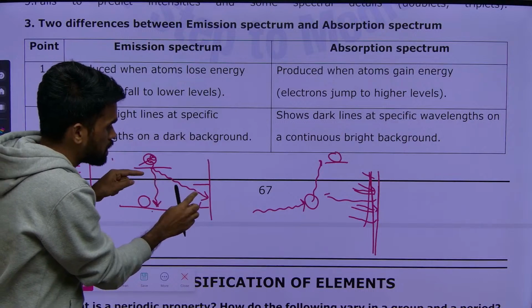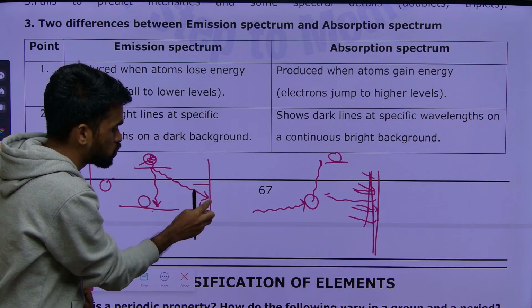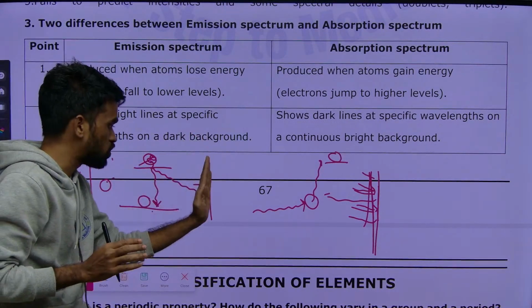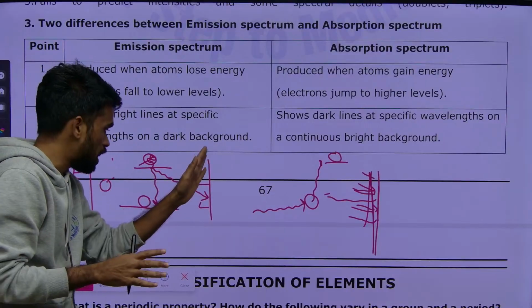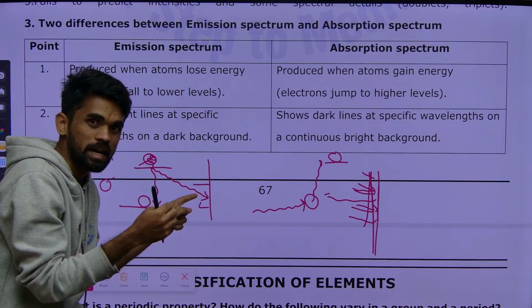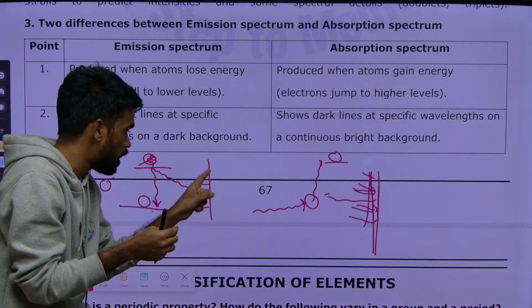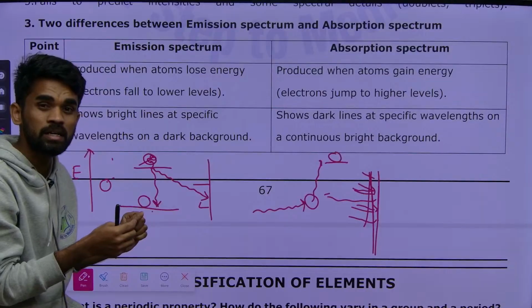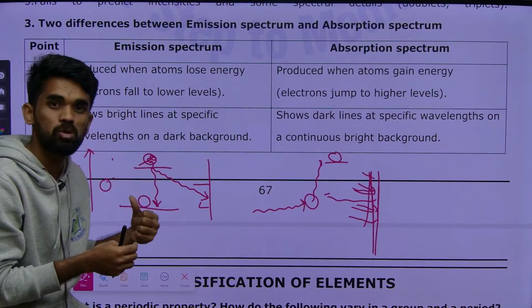Only those bright lines will fall onto this photographic plate. Normally the photographic plate is dark. On the dark photographic plate you will get some bright lines. So on a dark background you will have bright lines, in the case of emission spectrum.